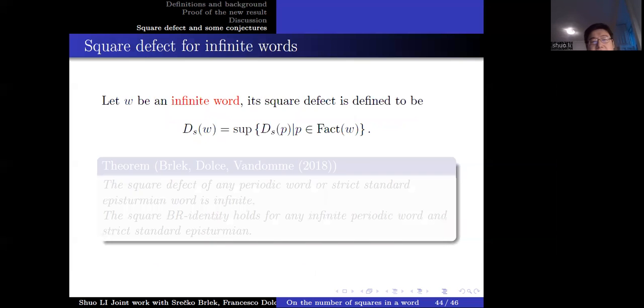So once we have defined and studied the square defect for finite words, we can also define it for infinite words.